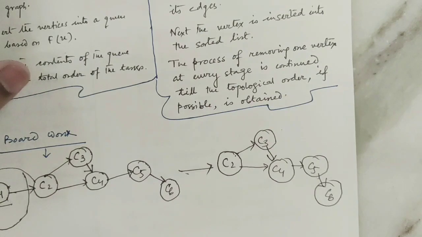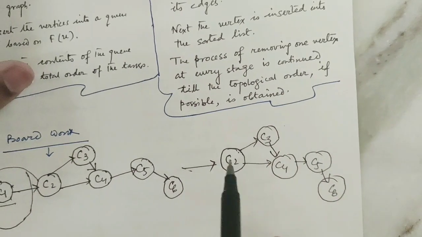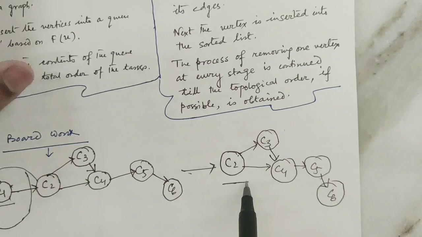Then after removal of C1, you have to go for the process of removing one vertex again at the current stage. At the current stage means the resultant after removal of C1, you are going to deal with this graph, until the topological order, if possible, is obtained. So the next node, which is C2, needs to be removed, because C2 has no incoming edges.